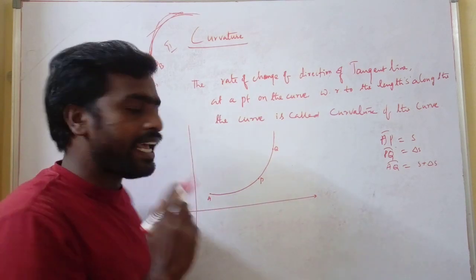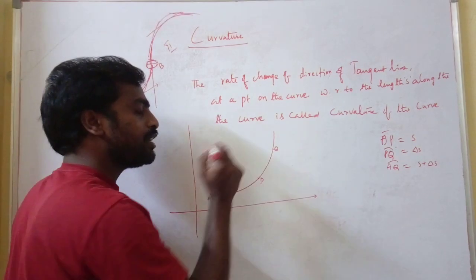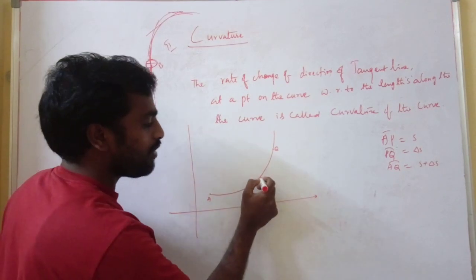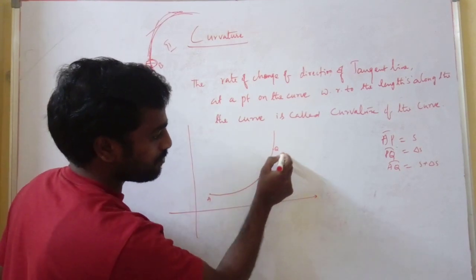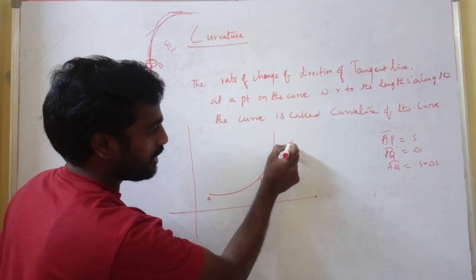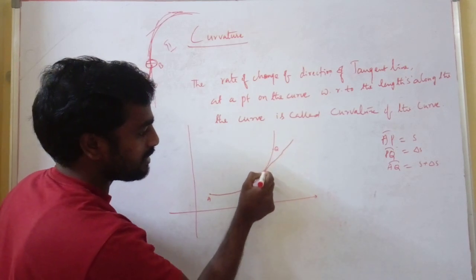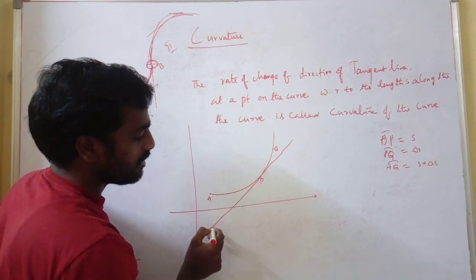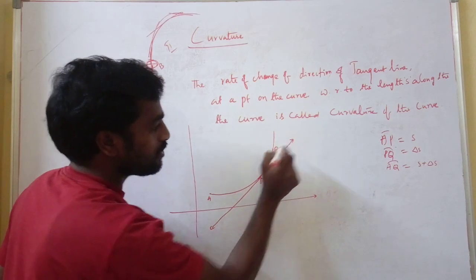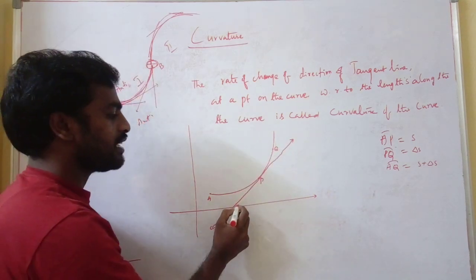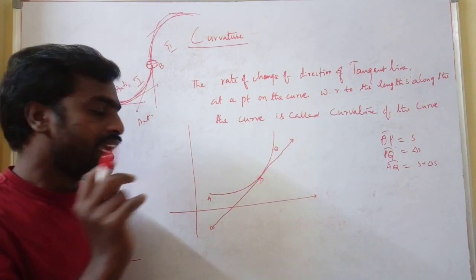Next, you should draw the tangent line at point P and at point Q. I want to draw one tangent line at point P. This tangent line crosses the x-axis, that means it intersects the x-axis at a point.